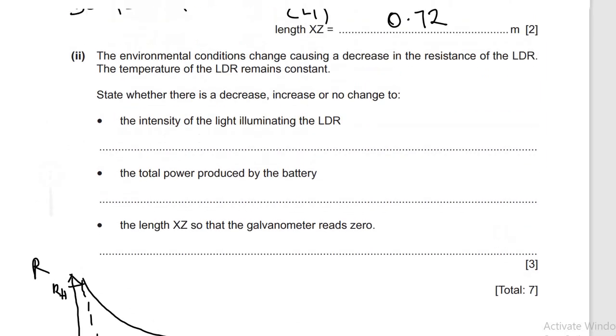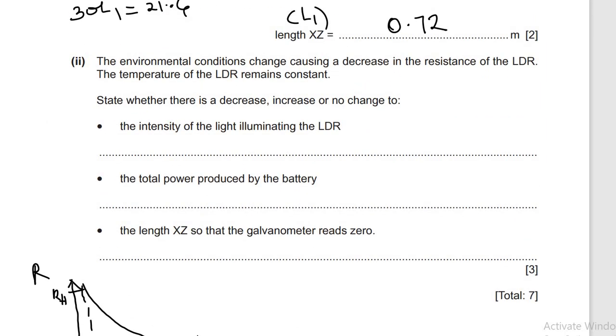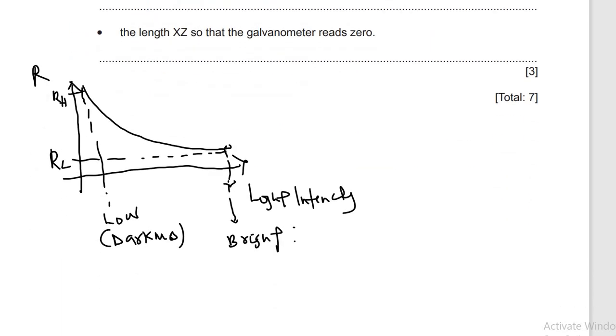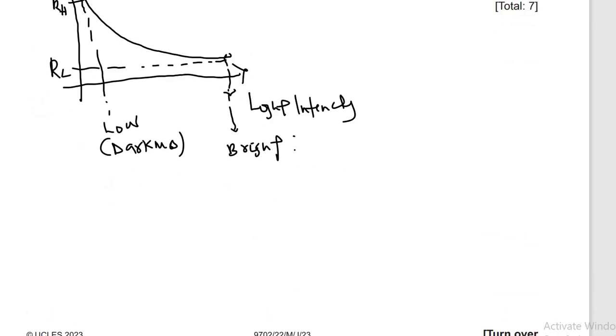So let's see what's going on here. The intensity of light illuminating LDR. When it's illuminating, which means we have intensity increases.